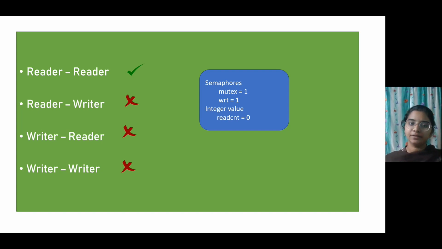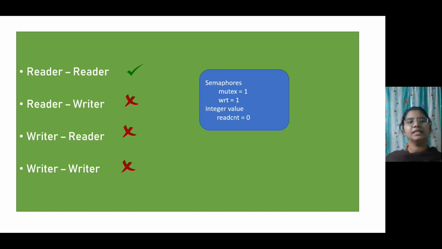If the requesting process is also a reader, then both reader processes can read the data in the database without any difficulty, because both are just reading the data. They are not making any changes to the data.